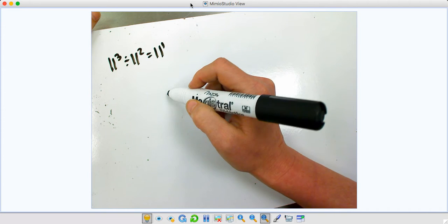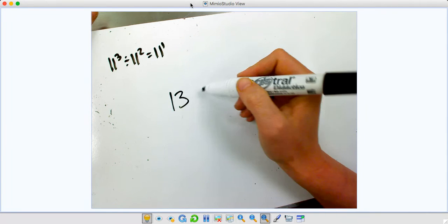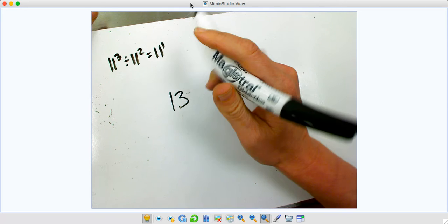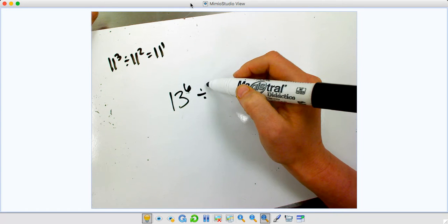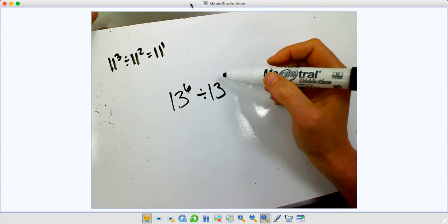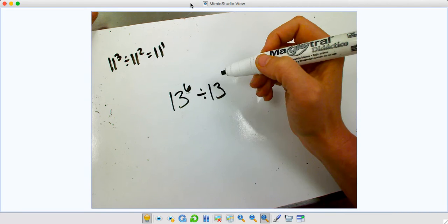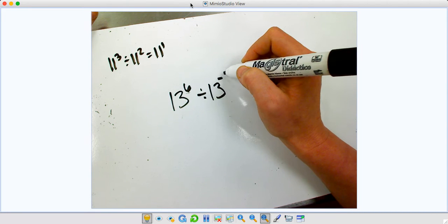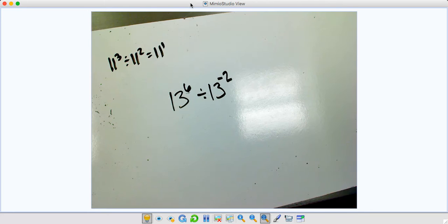So this time I'm going to do 13, and I'm going to do a larger power. So I'll do 13 to the 6th power divided by 13 to the negative 2nd power. Let's make things interesting.